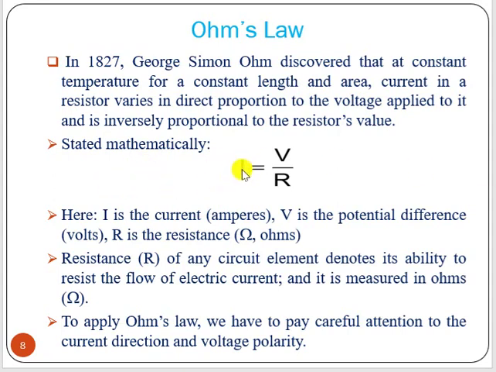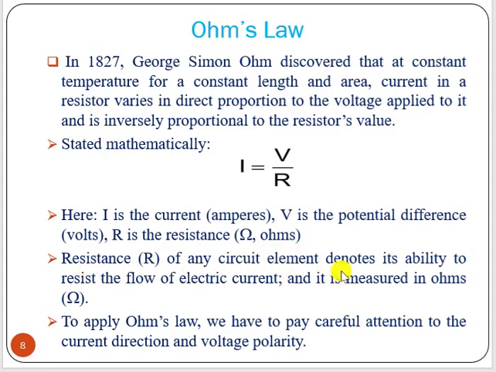Mathematically, I is directly proportional to V and inversely proportional to R, so I equals V by R. So we can write V equals IR. The mathematical expression of Ohm's law is V equals IR or I equals V by R. Here I is the current in amperes, V is the potential difference or voltage in volts, and R is the resistance, whose unit is ohm.